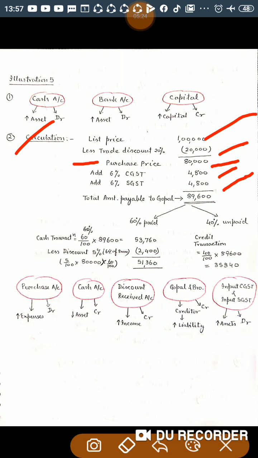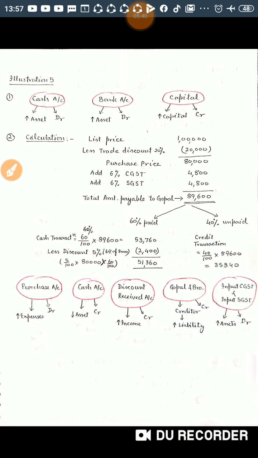This is the total amount we have to pay to Gopal and Brothers, who is the supplier. Out of this 89,600, 60% has been paid through cheque and 40% remains unpaid, that is credit purchase.